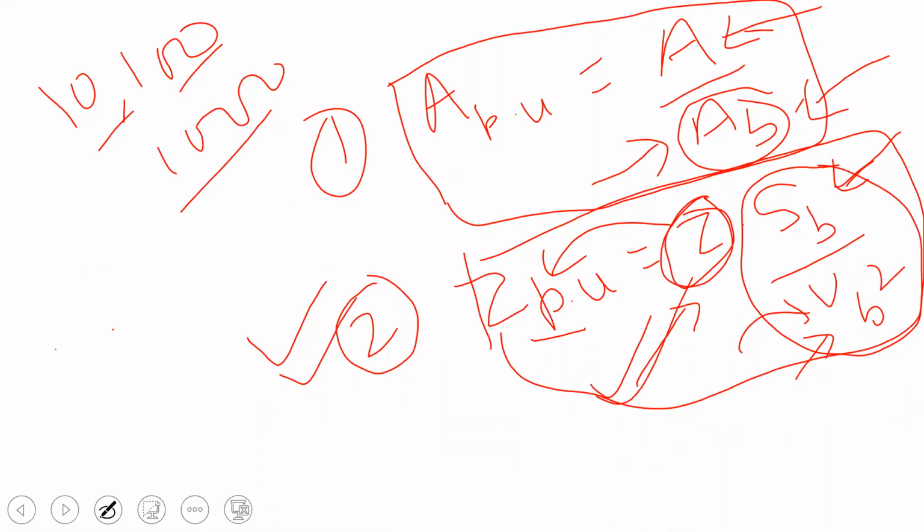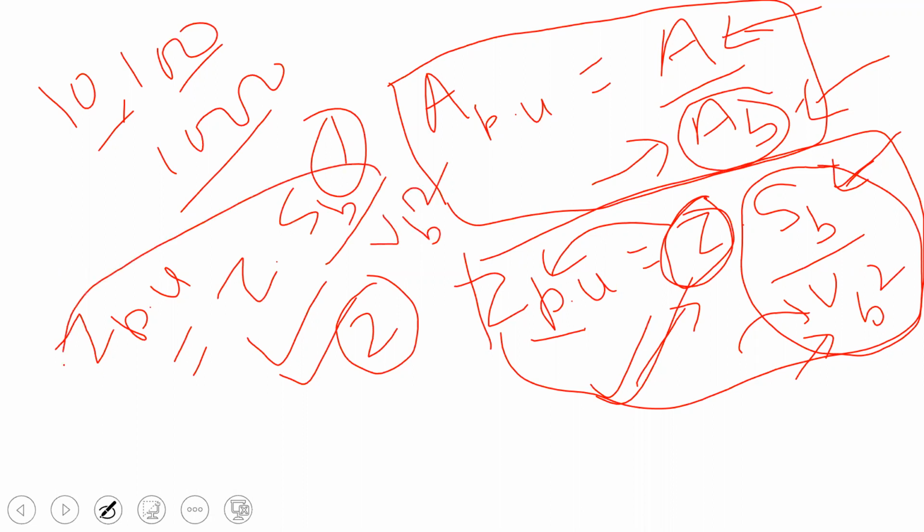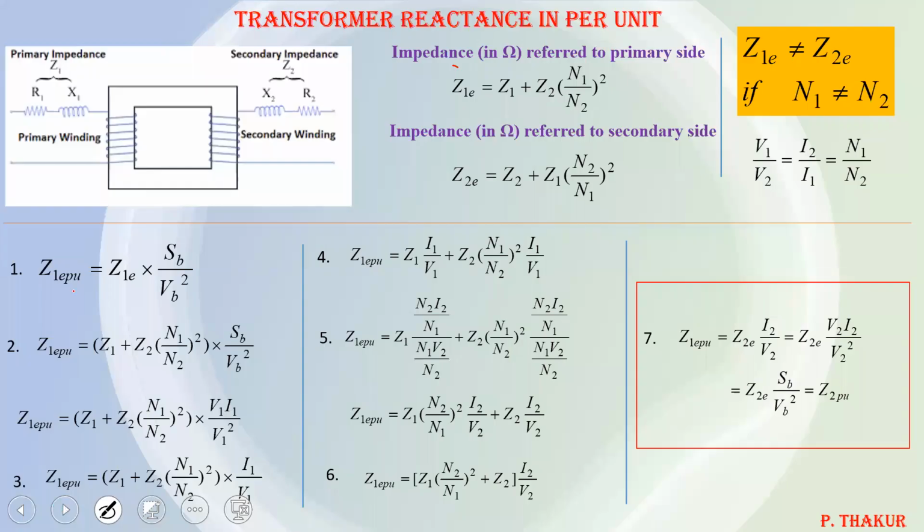The formula, if you want to convert impedance given in ohm to per unit, is actual value of impedance into SB divided by VB square. So Z1E per unit, the total impedance referred to the primary in per unit, will be equal to the actual impedance into SB divided by VB square. This formula is very important.